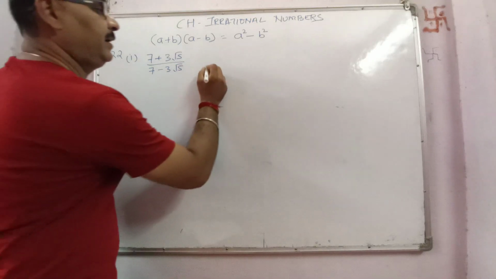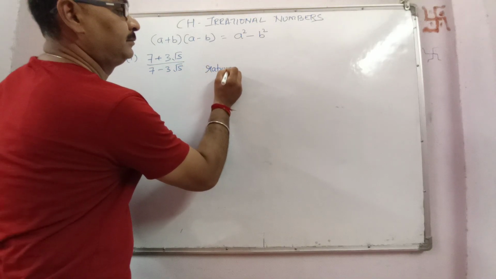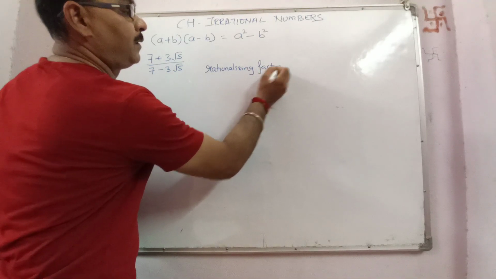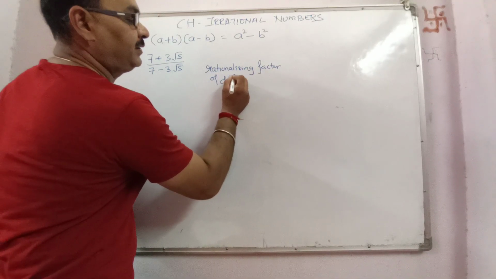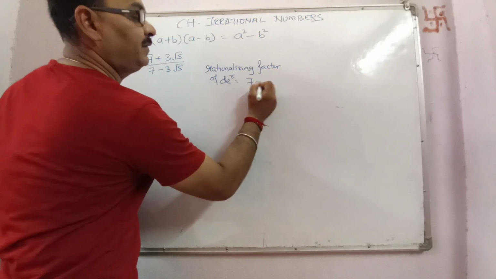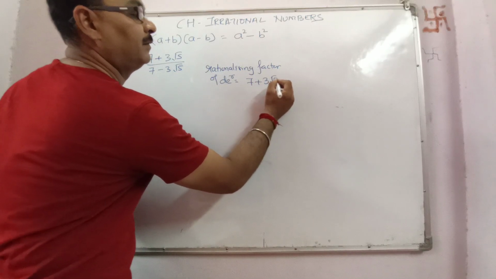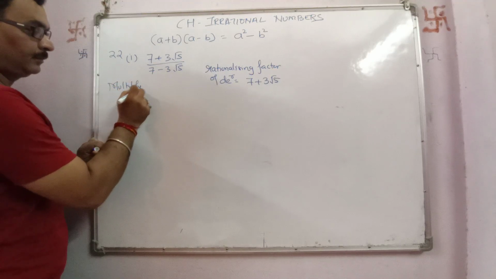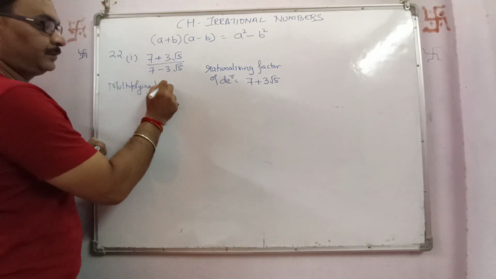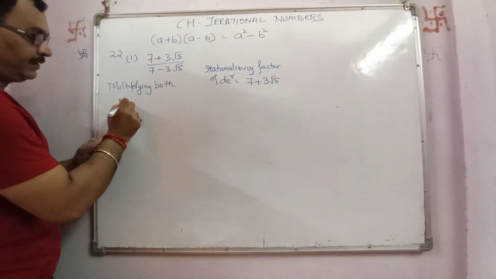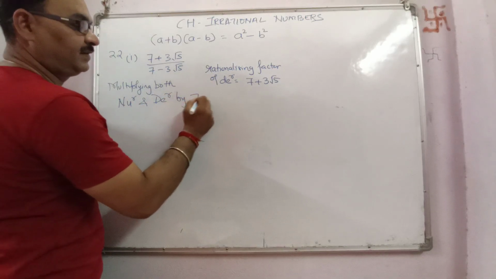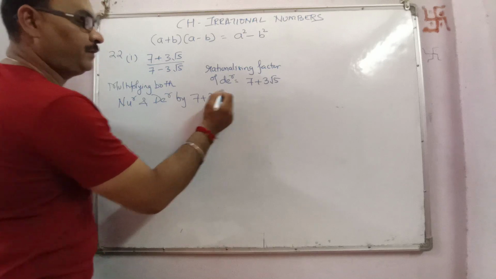So I'm writing the rationalizing factor of the denominator is 7 plus 3√5. So multiplying both numerator and denominator by 7 plus 3√5.